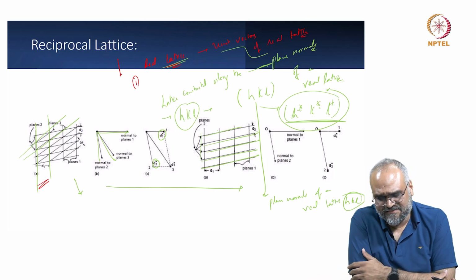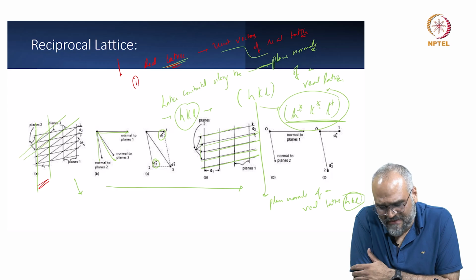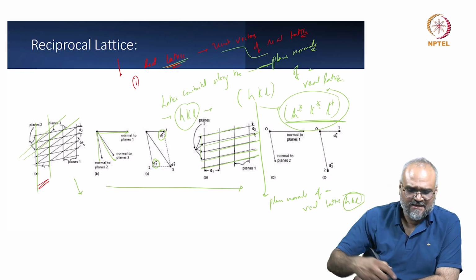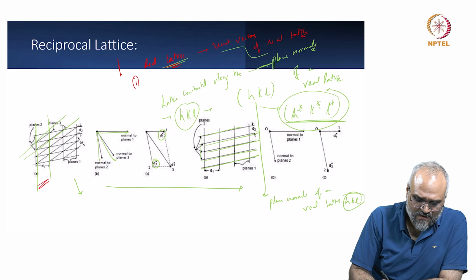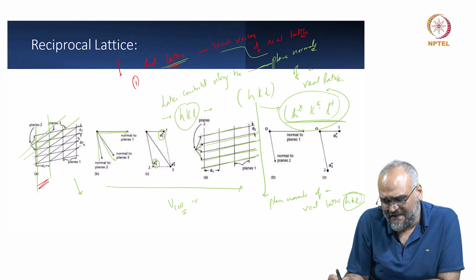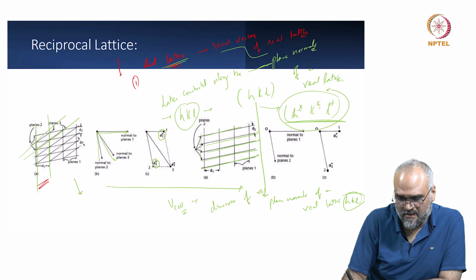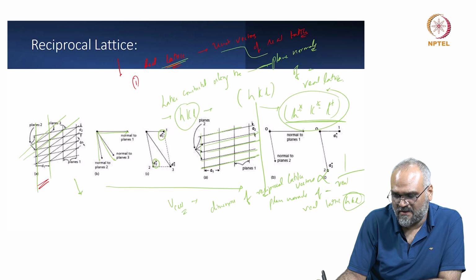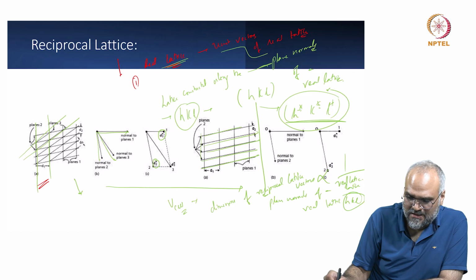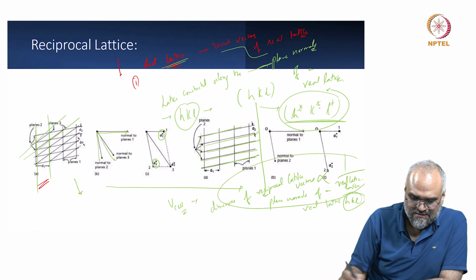And once you have this, for simplicity, we have brought some relationship where we think that the volume of the unit cell comes into picture, and we defined that the dimensions of reciprocal lattice vectors are inversely proportional to the real lattice vectors, and you can relate these through the volume of a unit cell.